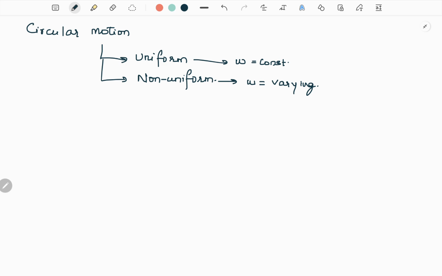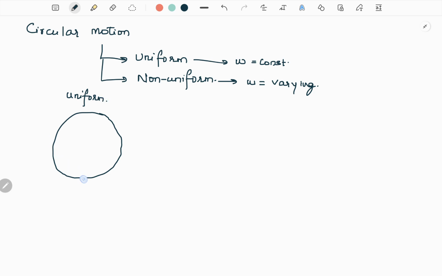We can also differentiate uniform and non-uniform circular motion by considering the speed of the particle going in a circular path. If a body goes in a circular path and the speed is the same throughout its motion, it is said to be uniform.